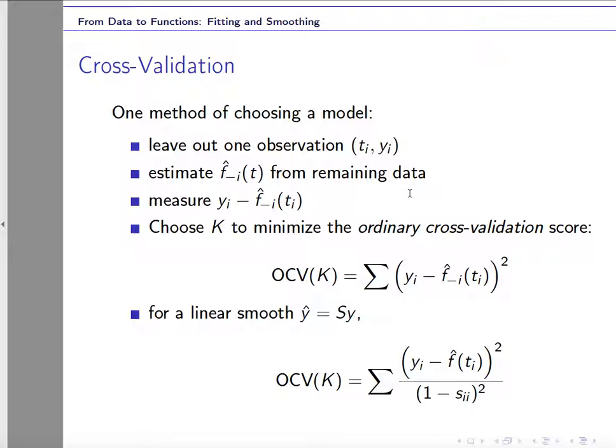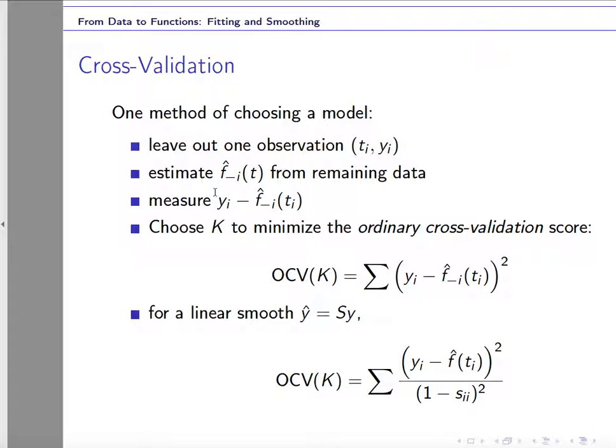We denote this as f hat sub minus i of t, okay? Because this is after removing the i-th observation, we can measure how well this function fits y_i. Because when we estimate this f hat sub minus i, we don't use the i-th observation, we can treat this error as the prediction error, right?